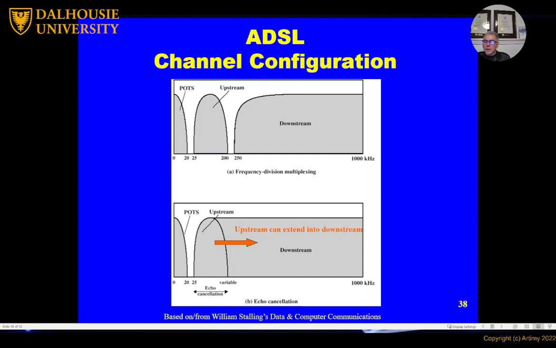Again, that is based on the idea that what we are receiving is more than what we are sending. We are spending more time maybe watching a video on the internet or reading a website. That's more than what we send. As I said before, ADSL is asymmetric digital subscriber line.